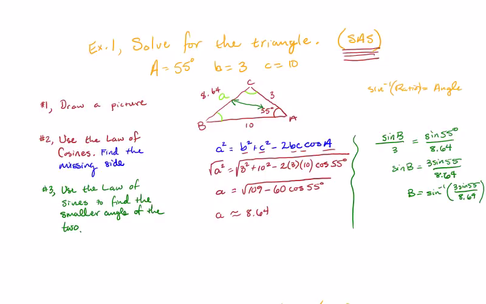And if you remember in our discussion about the inverse, the range that inverse sine uses goes from negative 90, which is unhelpful when dealing with triangles, to 90 degrees. So why did I ask for the smaller angle? Well, inverse sine could, at maximum, tell you 90 degrees is the angle measure.